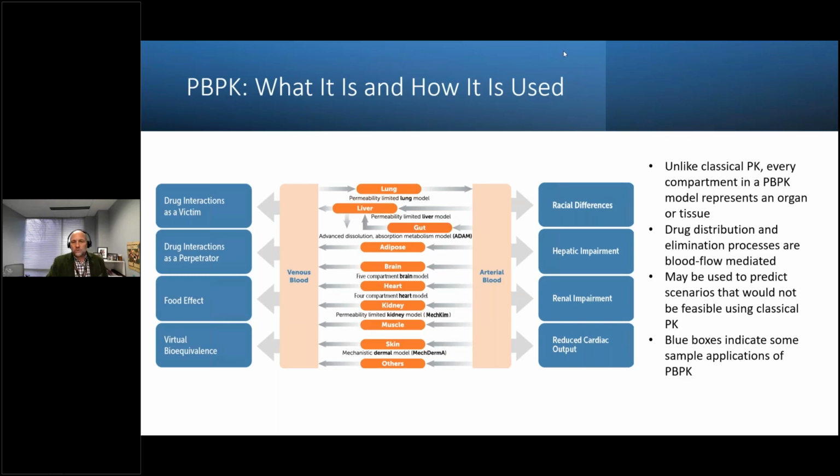We can also look at food effects and virtual bioequivalence. We can explore racial differences, and also special populations such as patients with organ impairment, or pediatric or geriatric patients, and also populations with reduced cardiac output.